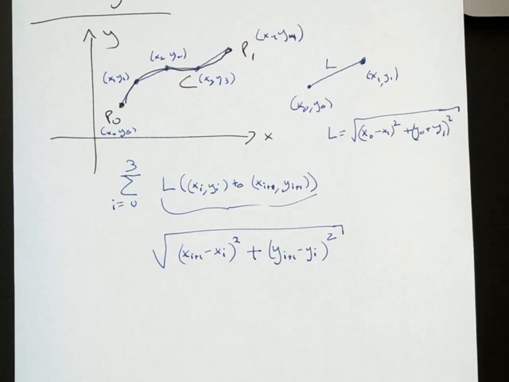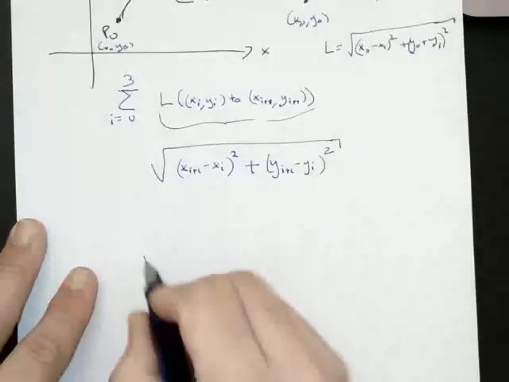I'm going to mess with this. I'm going to do a little weird algebra here. I'm going to divide by xi plus 1 minus xi squared. And then I'm going to multiply by it. So I'm going to multiply by 1. But I'm going to write it like this.